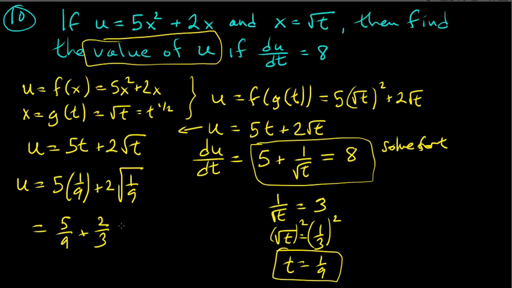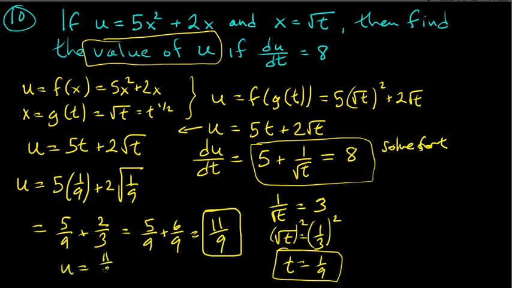Square root of 1/9 is 1/3. So this is 5 over 9 plus 6 over 9, which is 11 over 9. So that's the value of u, 11/9. Or if you prefer, 1 2/9. I'm not picky, but don't write it as a decimal, 1.22222 and so on. But that's it.